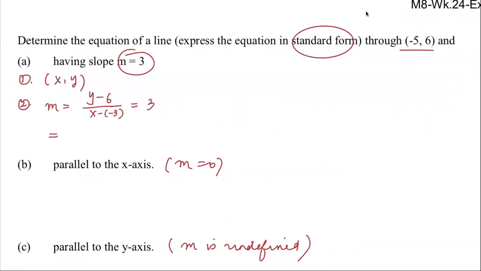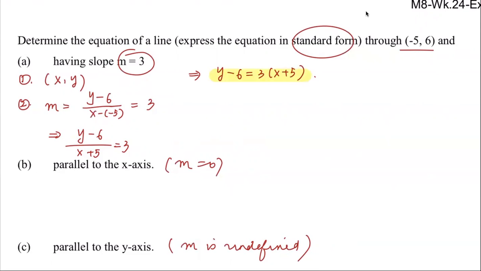So this gives us y minus 6 over x plus 5 equal to 3. And then this gives us y minus 6 is equal to 3 times x plus 5. So this is the point slope form.